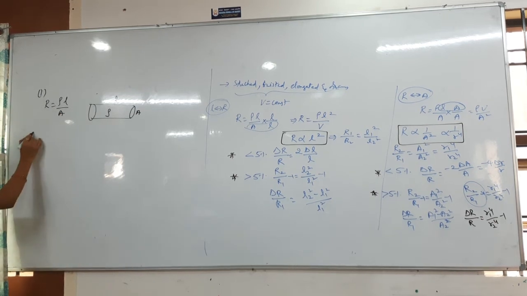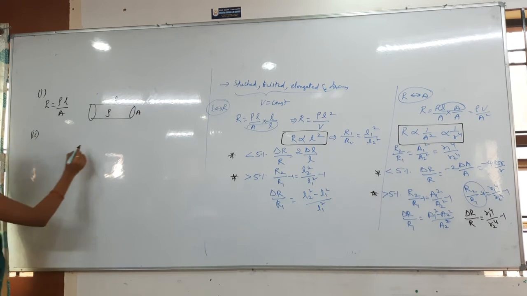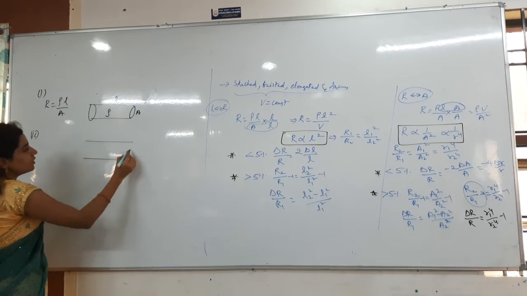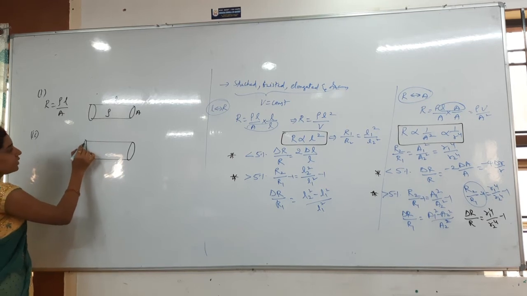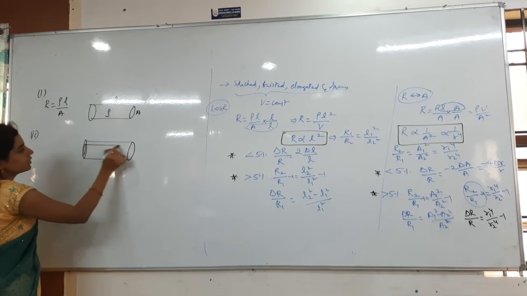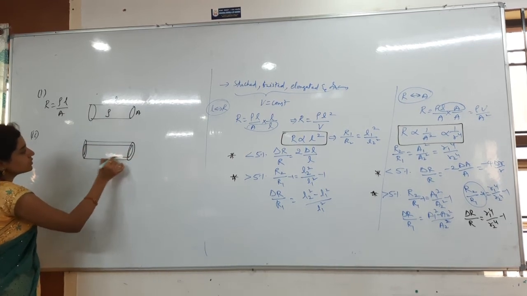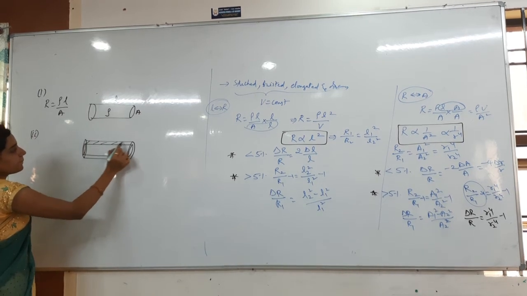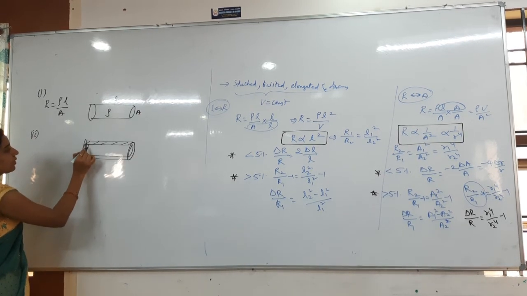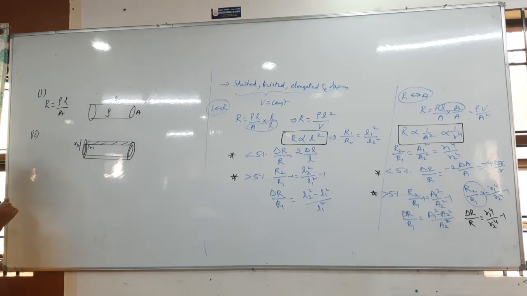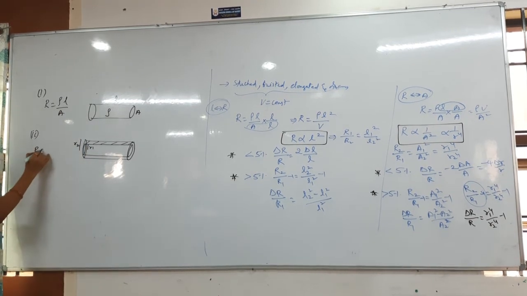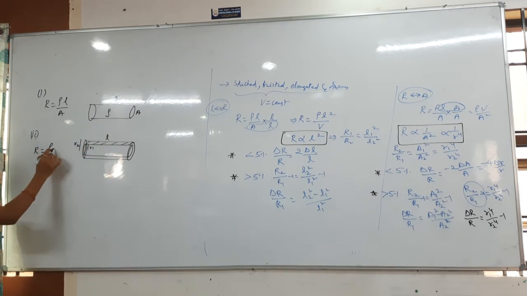Now if I consider the same wire as a cylinder which is having inner and outer radii differently, then what will you get? Resistance, inner radius is R1 and outer radius is R2. So what will you get? R is equal to rho into length, obviously L only, rho L by the area, which is how much?